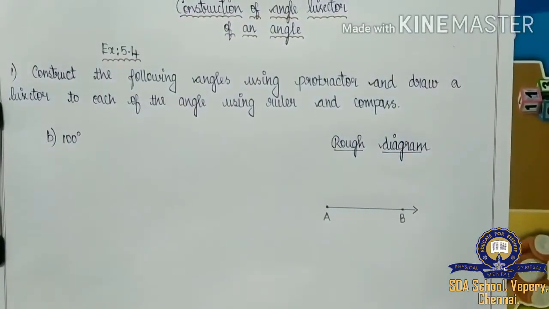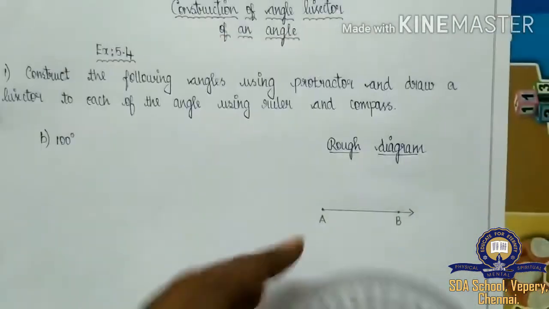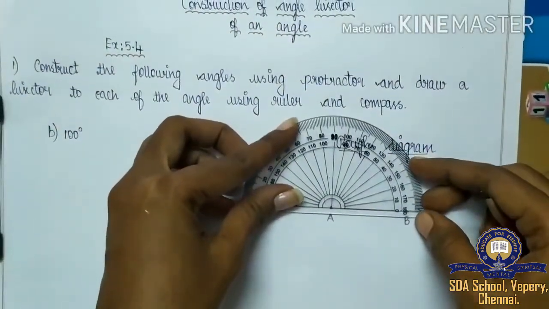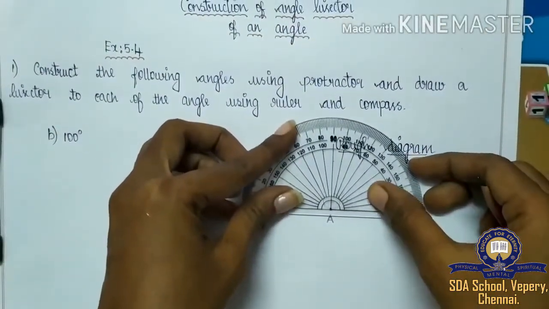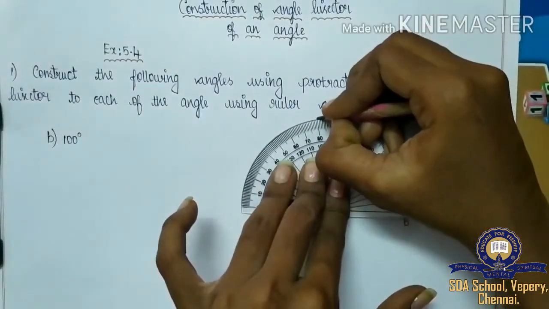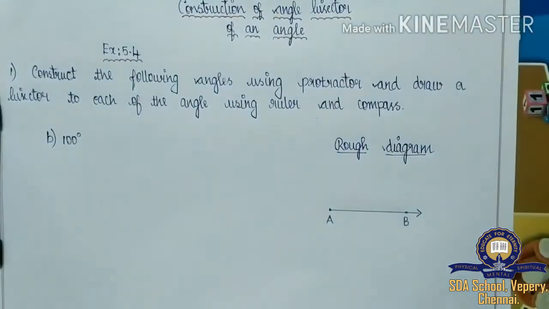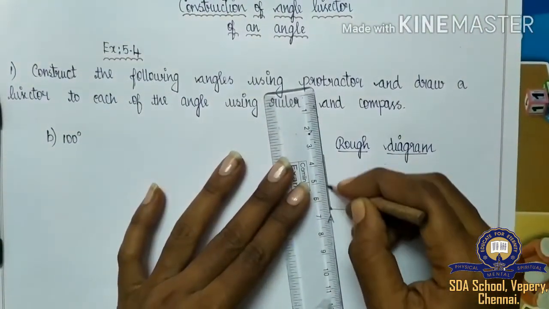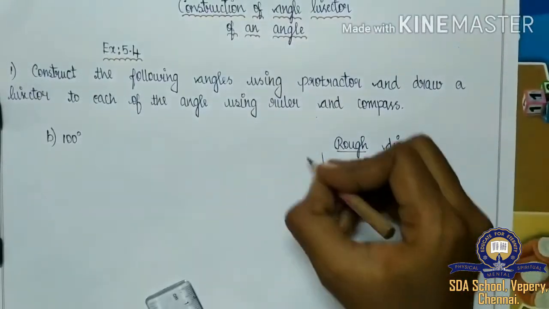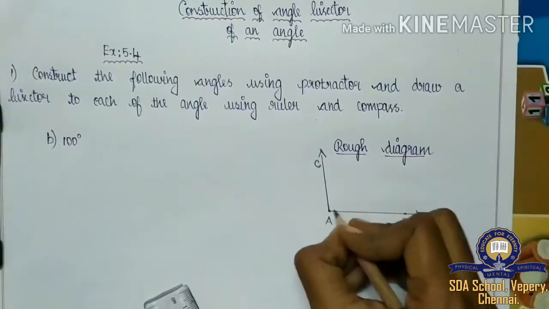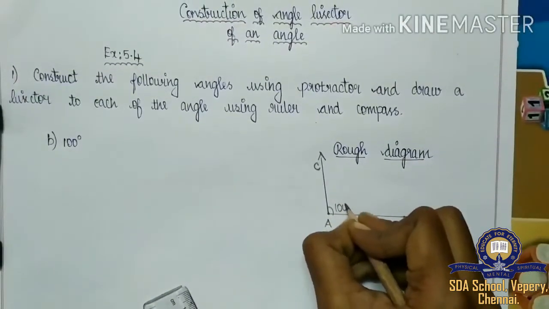And next, using protractor, the given angle is 100 degree. So you mark 100 degree. I just draw roughly, and I name it as C. The given angle is 100 degree.